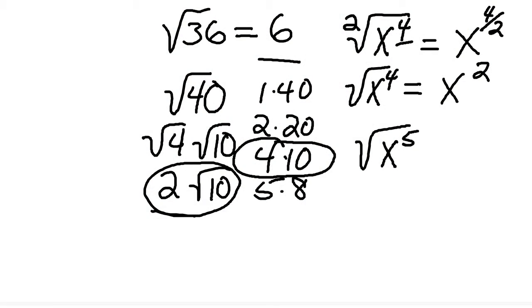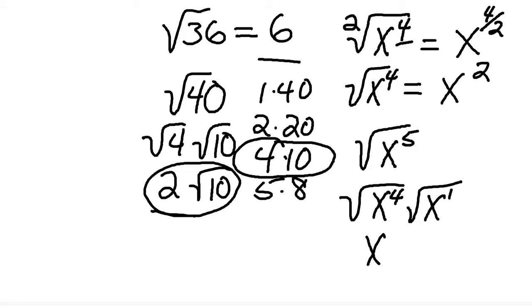So, borrowing on the information we did before, I'm going to break it down into the square root of x to the 4th times the square root of x to the 1st, or just x. Well, the square root of x to the 4th, I know that. It is x squared. The square root of x, I don't know that. That 1 is actually too small for the root of 2.